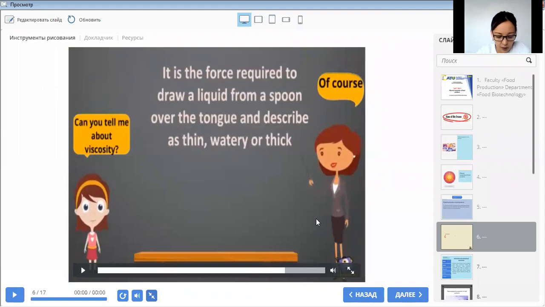And then next, about the viscosity. Viscosity of the food or food raw materials is the force required to draw a liquid from a spoon over the tongue, and is described as thin, like water or tea.